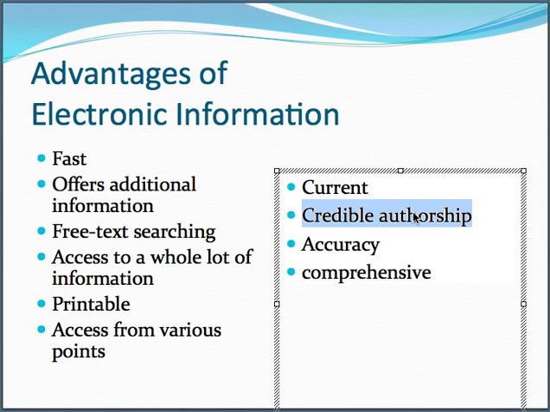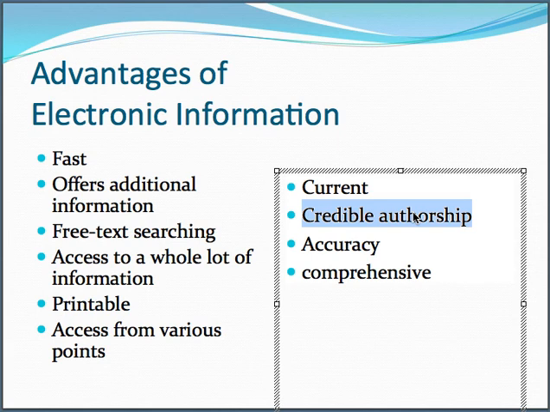Again, it's not the same to do a Google search and get thousands of hits, because if we examine the information sources that we have retrieved, much of that information doesn't have a credible authorship. Anybody can publish anything on the internet. I can publish whatever I want to say and have my own web page and publish information which may be misinformation or maybe disinformation. I'm doing it on purpose. So we have to be careful about that.